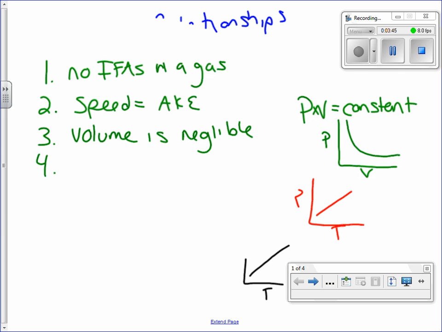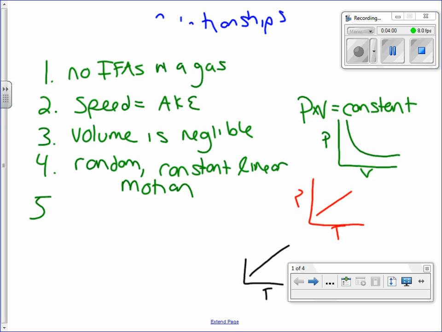It says the particles are moving in random, constant, linear, that means straight lines, motion. And it says they do transfer energy, but don't lose any energy, like no net loss of energy.